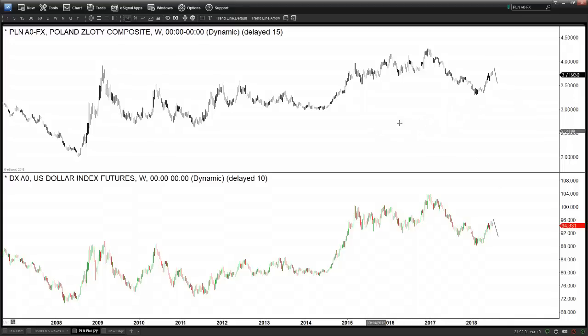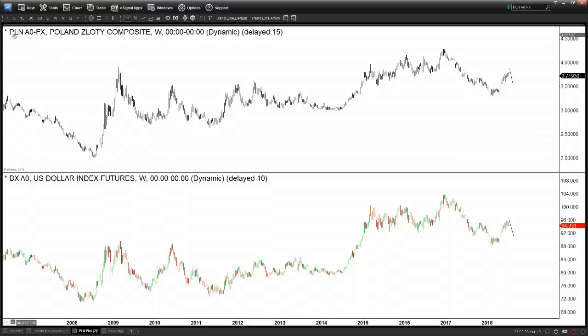Now the long term is very interesting. If you look at the PLN, you can see the low here is 2008. Now the cycle is slightly different, and the structure is not exactly the same as the dollar index at the bottom here.